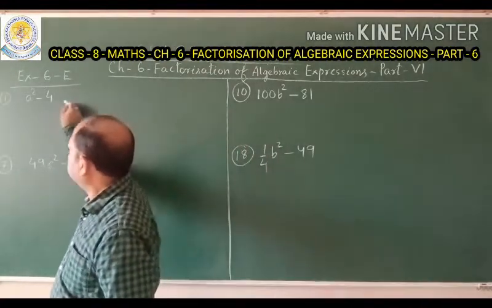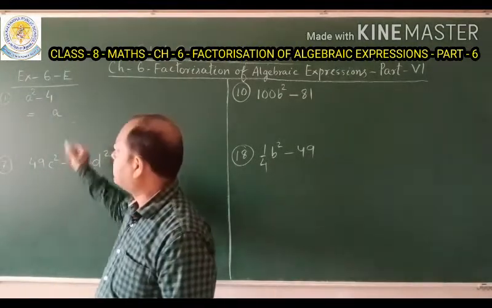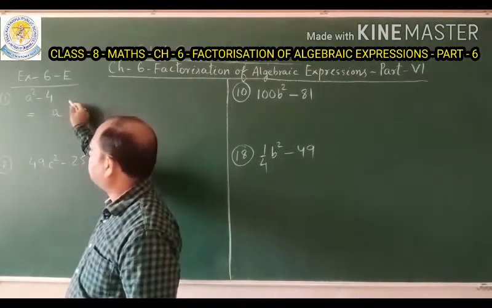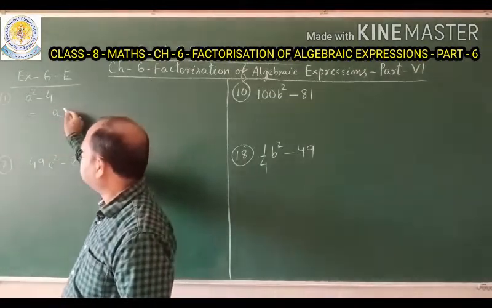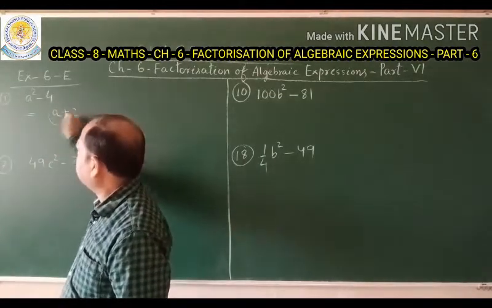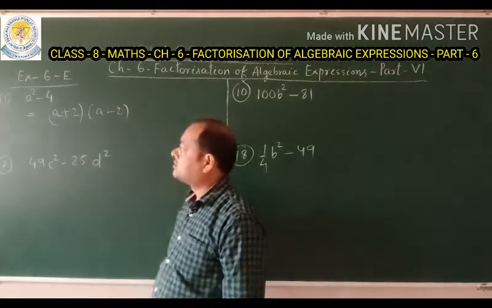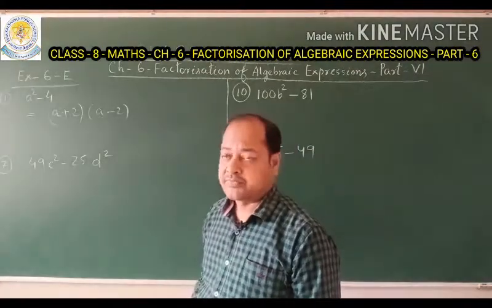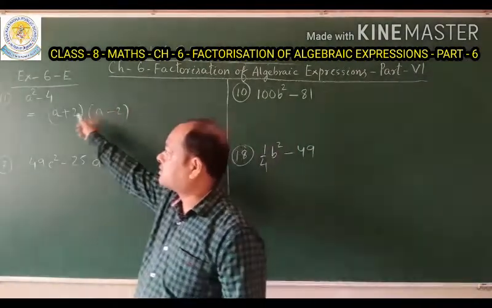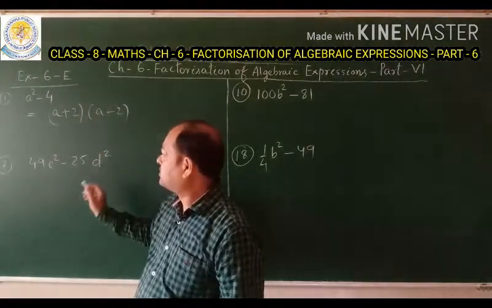So here the square root of a square is a, and what is the square root of 4? That is 2. So we are getting here two terms, that is a plus 2 and a minus 2. So these are the factors of the algebraic expression, that is a square minus 4. Okay, so first find out the square root, then multiply the terms.